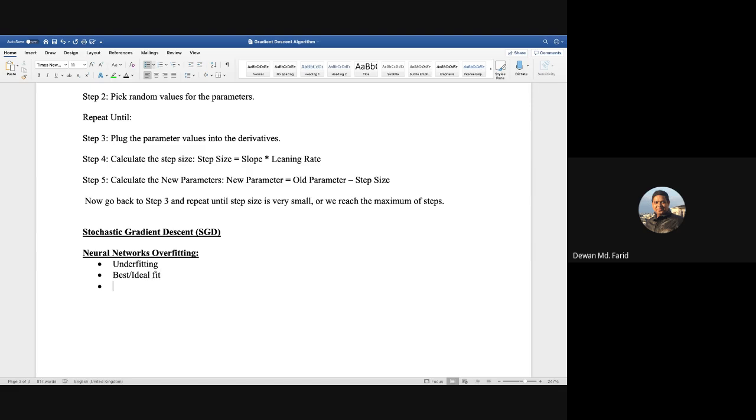Best or ideal fit means that the neural network performs well on training data as well as test data. And the last scenario is overfitting. Overfitting means the network performs well on training data, but it doesn't perform well on test data. Is it clear? Yes, sir.